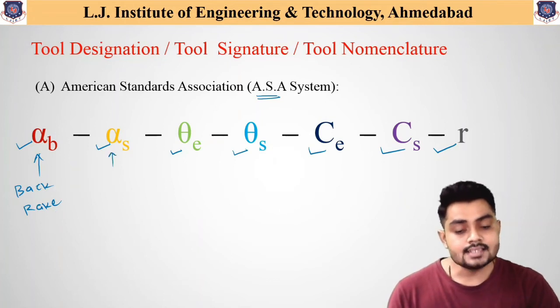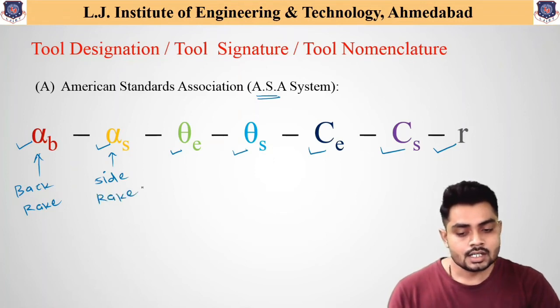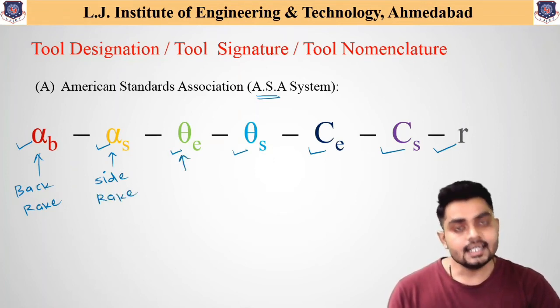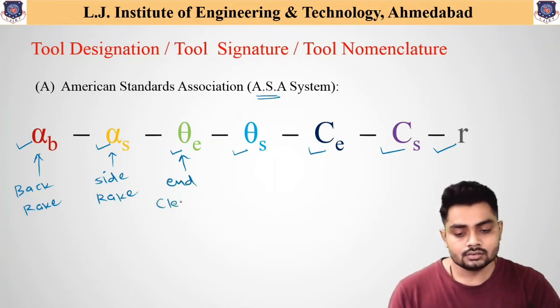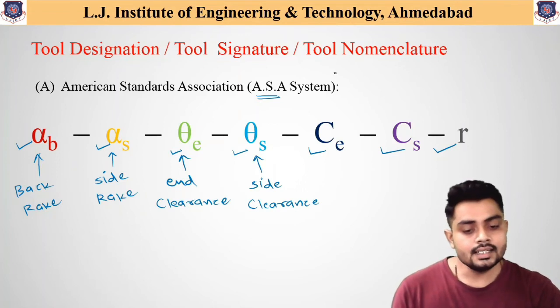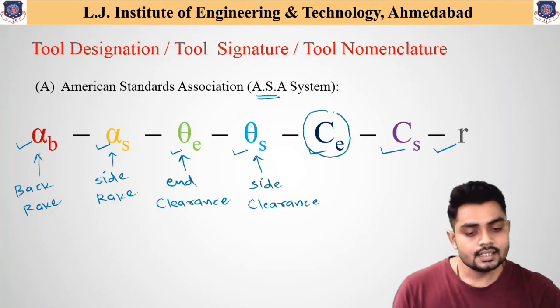Next, alpha S is the side rake angle. Theta E indicates the end clearance angle. Theta S indicates the side clearance angle. Similarly, CE indicates the end cutting edge angle.